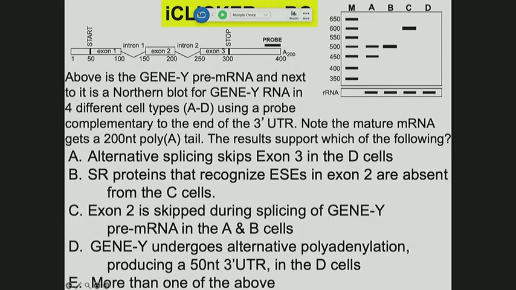If we skip exon 2? 450, right? So now we look in our C cells. Do we have a 450 band? No. So that is not consistent with what we are seeing for the C cells. Does that make sense? Everyone remember what an ESC is and what SR proteins do to keep the exon included?